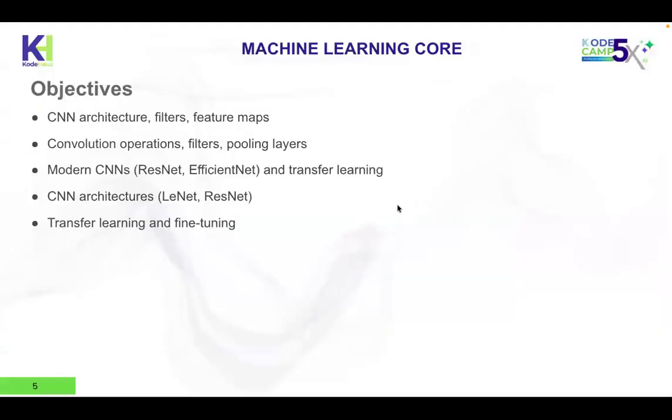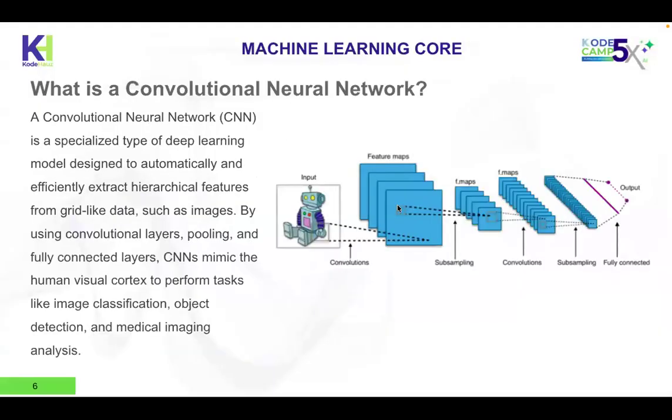So of course, we talked about this particular architecture of neural networks being very, very useful, specialized for a particular type of problem. And that type of problem is image detection, or any other kind of grid-like data, right?